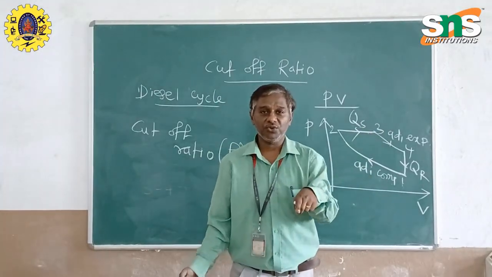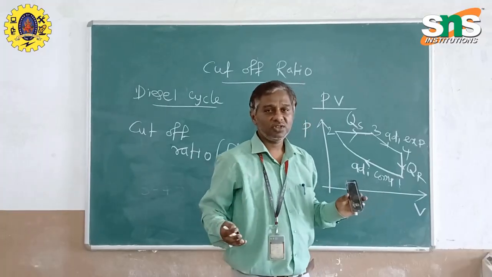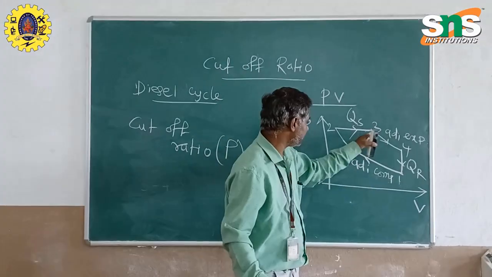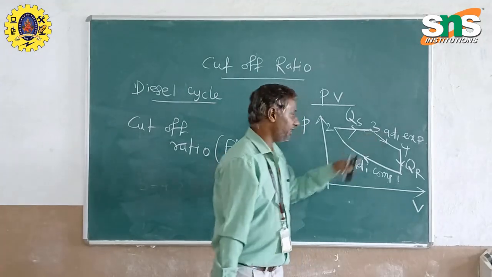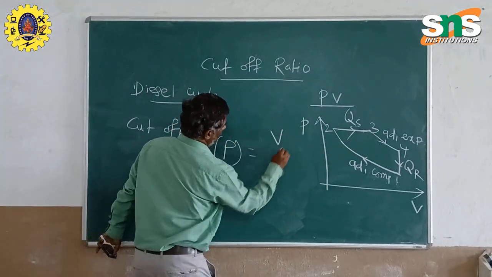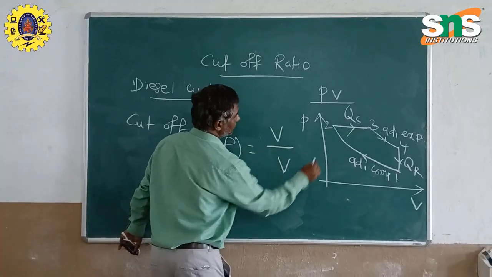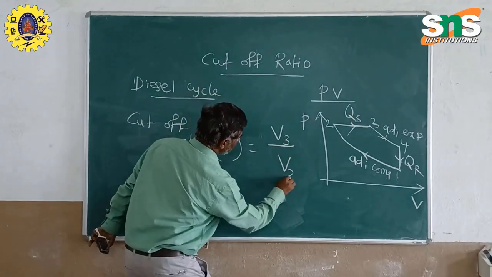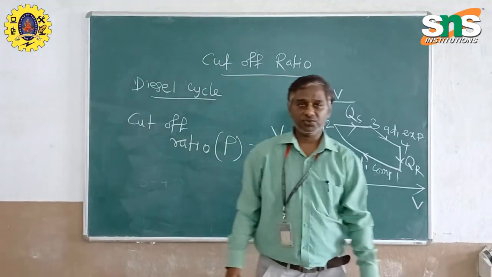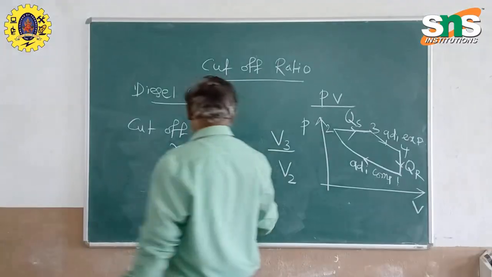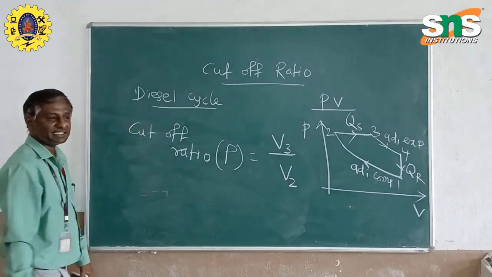Cutoff ratio means the volume ratio. Where the fuel is added, during the process the volume is increased. So the volume ratio for the 2 to 3 heat supply process, V3 by V2, is the cutoff ratio. Whenever the cutoff ratio increases or decreases, what is the significance?